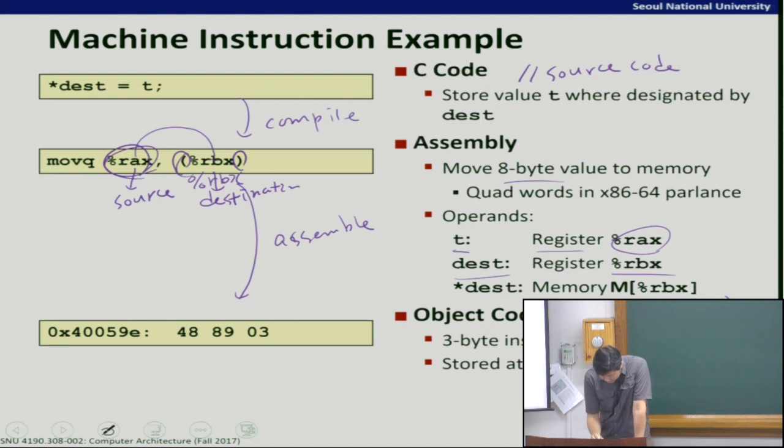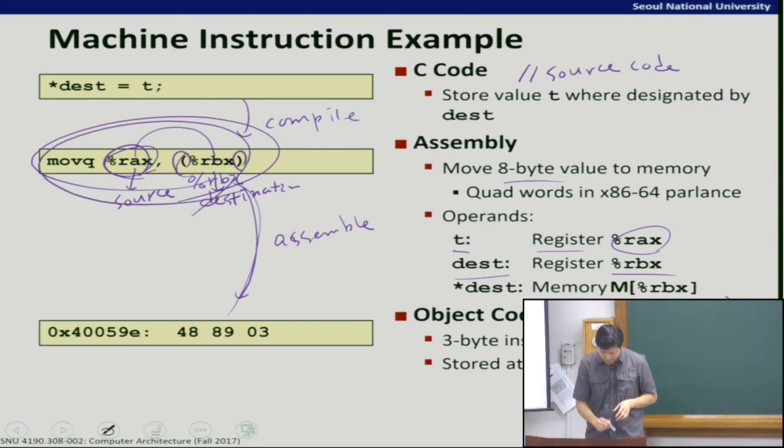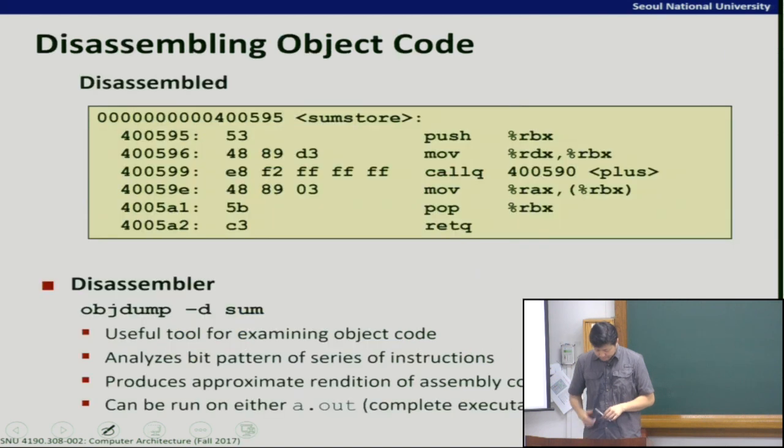And this instruction is translated into machine code, a 3-byte machine code, 488903. This is interpreted by the CPU, the hardware, as this operation, and the CPU will execute this instruction. This one is more of a disassembled code. In the previous sumstore function, we had 6 instructions: push, move, call, move, pop, return.